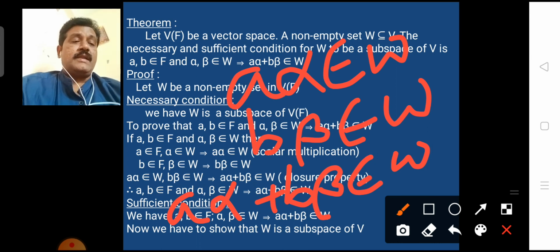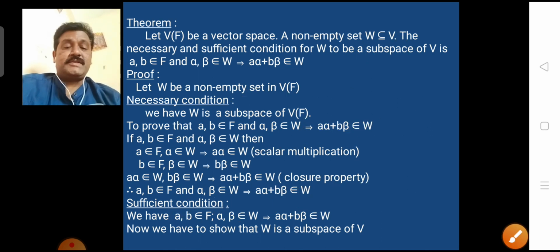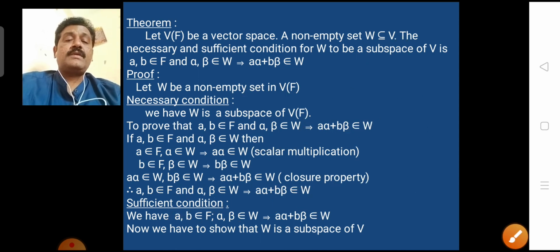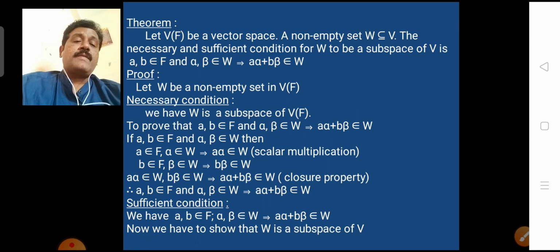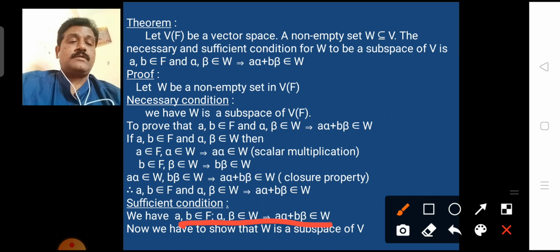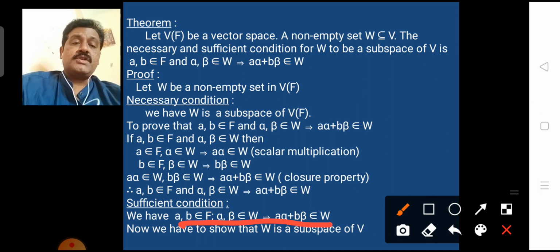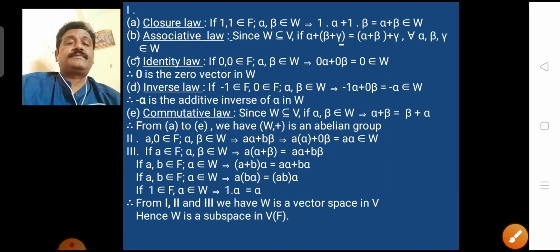Let us move to the sufficient condition. In this case, we assume that the given condition holds. That is, A, B belong to F, alpha, beta belong to W implies A alpha plus B beta belongs to W. Now we have to show that W is a subspace of V, that is, W is a vector space.